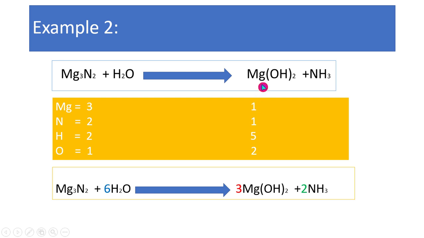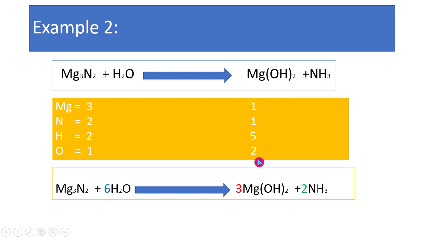The number of nitrogen atoms in reactants is 2 and in products 1. The number of hydrogen atoms in reactants is 2 and in products is 5. The number of oxygen atoms in reactants is 1 and in products is 2.